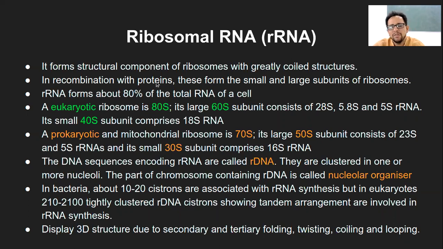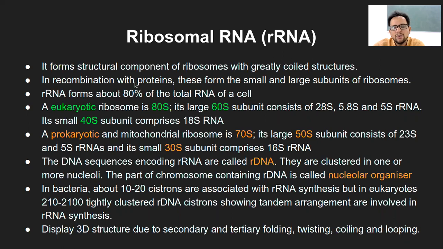In combination with proteins, they form the small and large subunits of the ribosome. It has these 2 separate subunits because it is a requirement of the protein synthesis process. Again, we will talk about that part in detail while we look at the process.